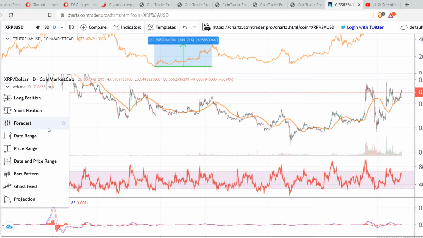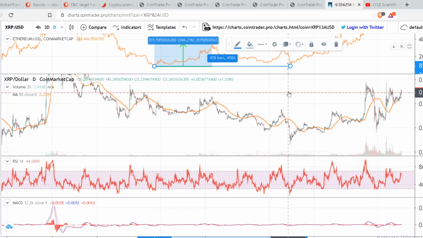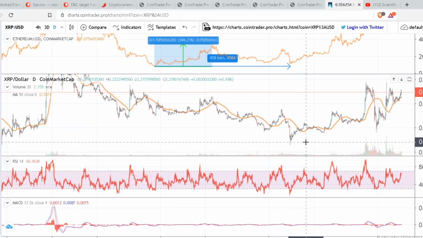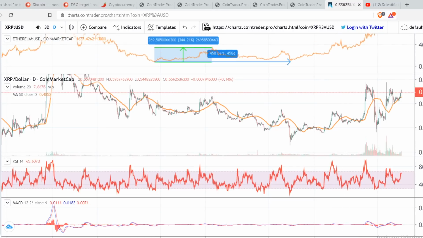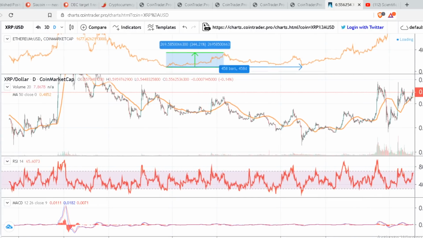Now you have to look at the number of days taken from there to the next bottom, where XRP made the new low for the year 2020, which was the low of the market cycle for XRP. It took 458 days. So that literally means XRP was way late in that party.